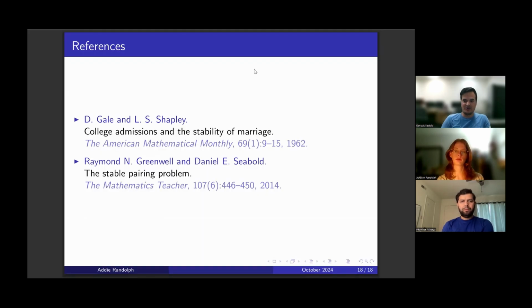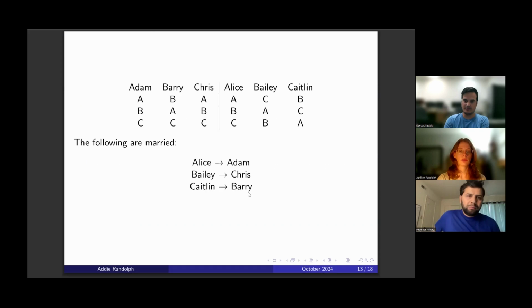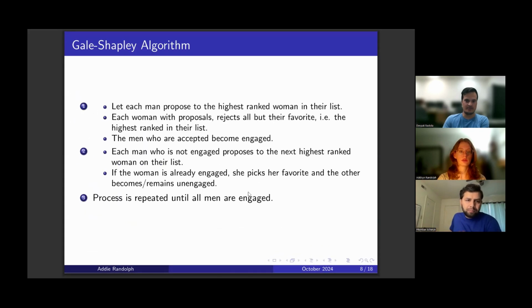If the stable marriage model can handle matchmaking for marriage, it must be a pro at handling college admissions, right? So how does it ensure fairness and stability in the college admission context? It's the same algorithm.